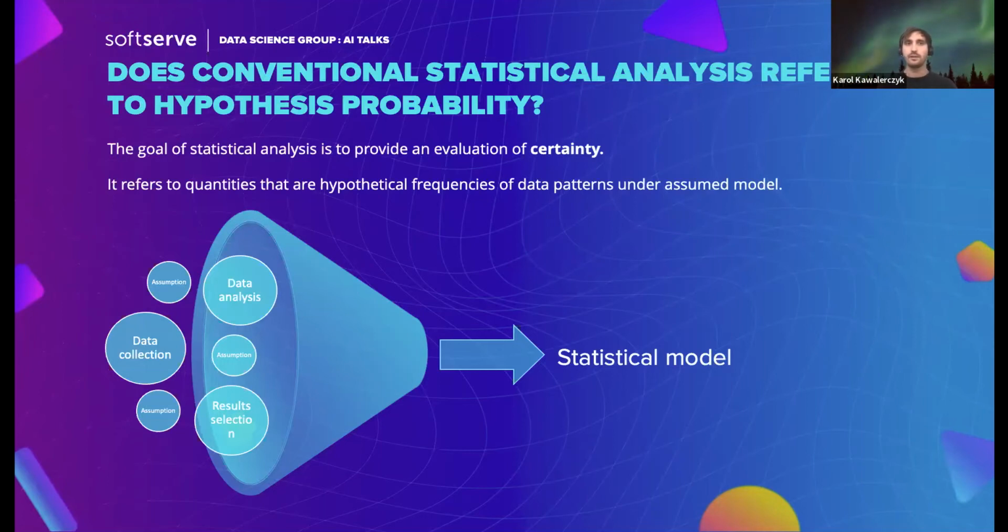We have our model, and if our model is true, every single assumption of it, then how often would we get this data? Based on this, we make decisions on whether to reject our model or not. So we say that we are rejecting the hypothesis, but that's in case we are sure about all of our other assumptions.